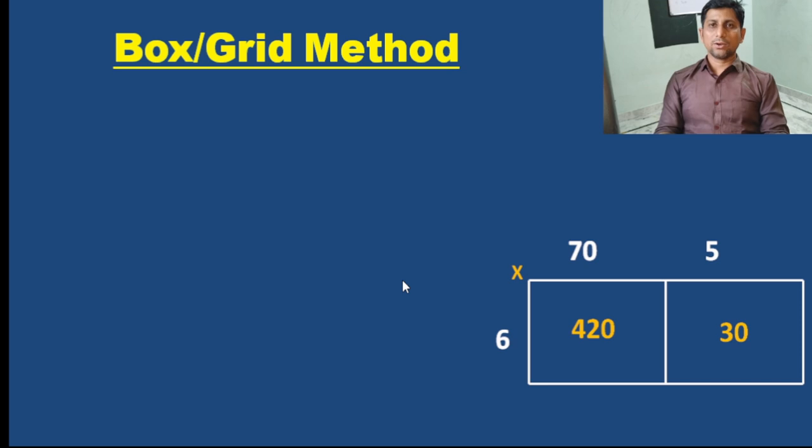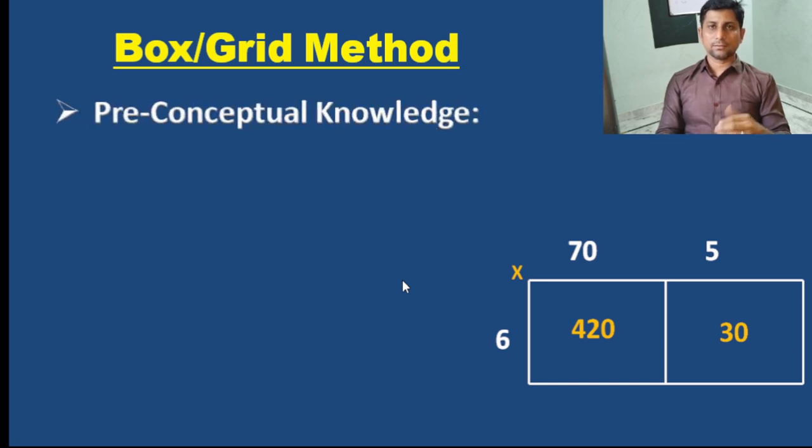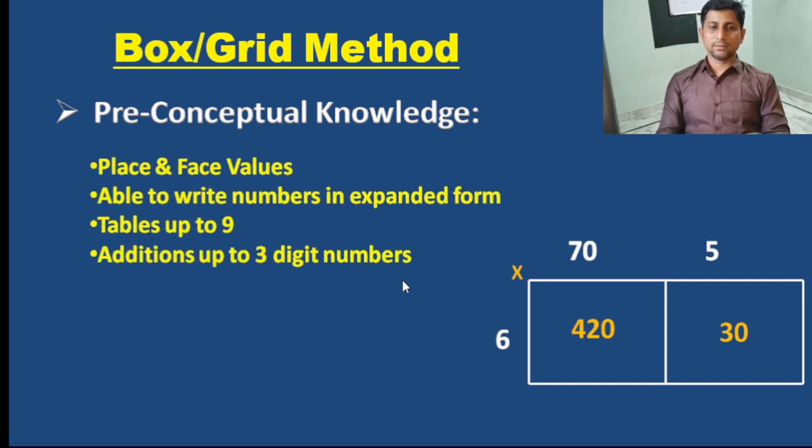In that video, I asked one question: what kind of prerequisites or previous knowledge should a student have to learn this box method? A few people answered and commented in that video. For the box or grid method, pre-conceptual knowledge is required: place and face values.